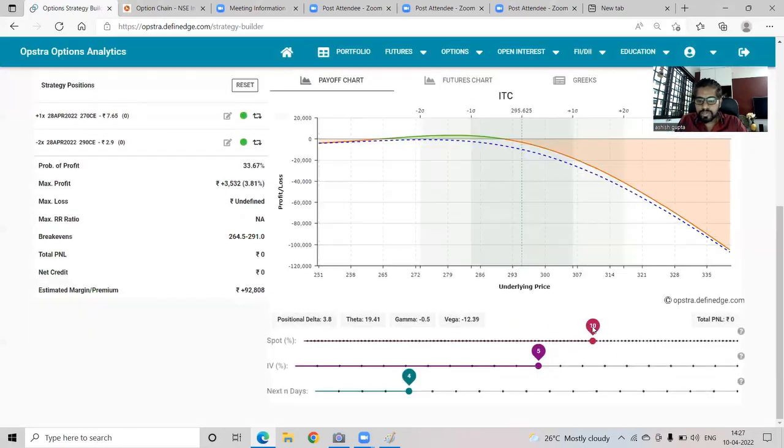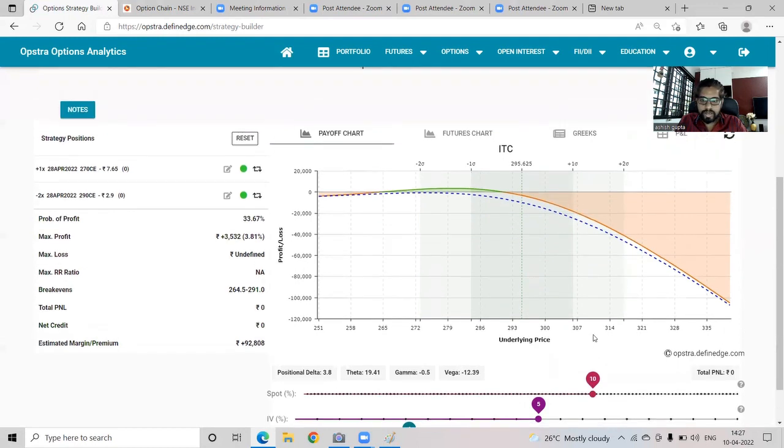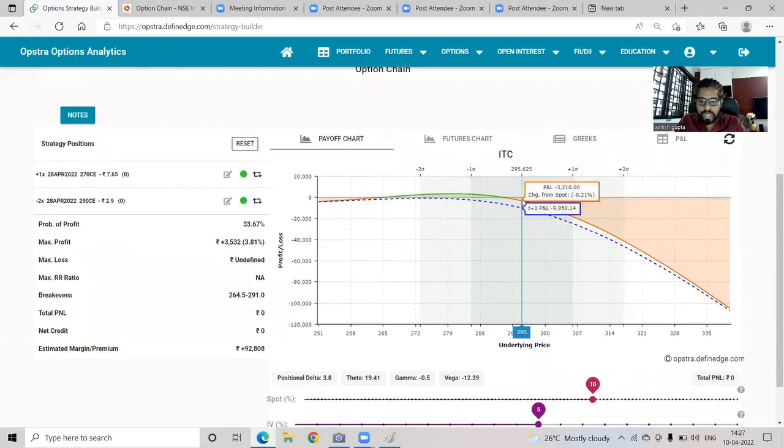So let's say it goes 10% higher, IV increases by 5 percentage points, and in the next 4 days the price would be 10% from here, and I lose about 10,000. The T plus 0 PL is 9,950. So if it goes to 295 on Tuesday, I'll lose about 10,000. Accordingly, you can size your position for what happens if it goes 5-7%, 10% higher.